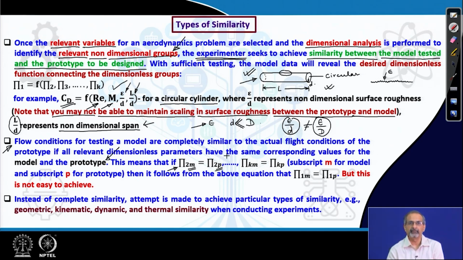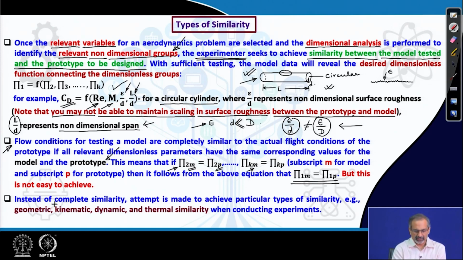Similarly, pi 3 m is equal to pi 3 p, etc., up to pi k m equal to pi k p. If that happens, then it follows from the above equation that pi 1 m will be exactly equal to pi 1 p, but this is not easy to achieve. We already saw instances of why it is not always possible or easy to achieve it.